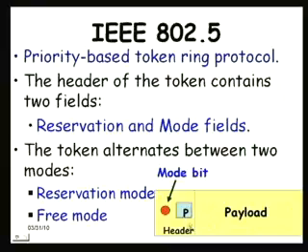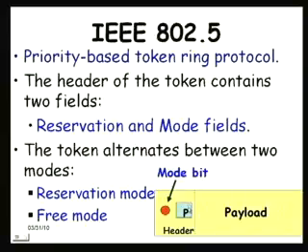So, as the token goes around and comes back to the sender, if it finds that the reservation field has changed, and it has a higher priority than the priority of the message it has, then it will put it in the free mode without any payload and transmit the token.